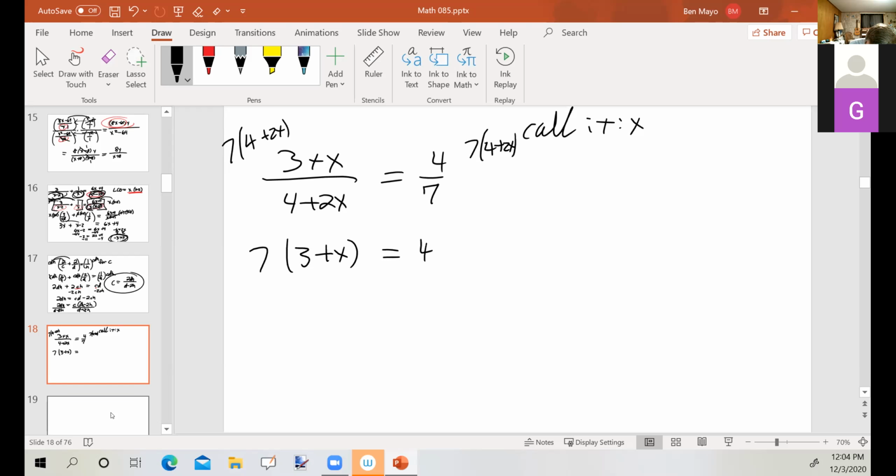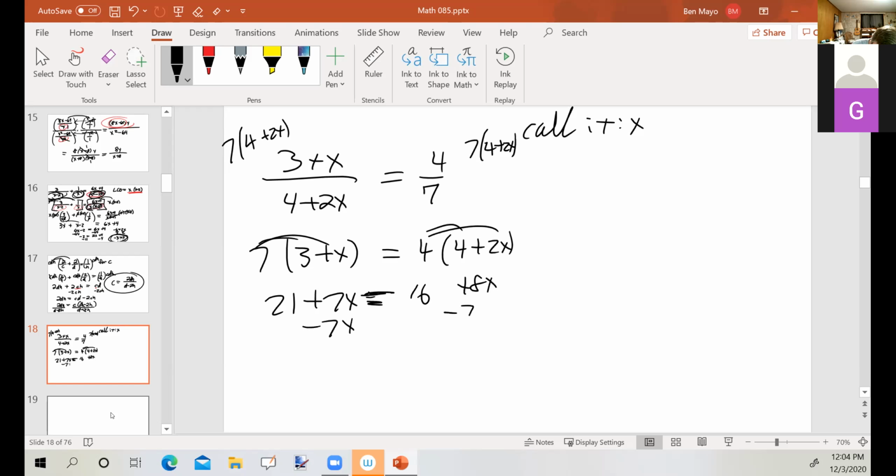On the right side, I get 4 times the quantity 4 plus 2x. Okay. So now I've got 21 plus 7x equals 16. That's supposed to be plus 8x. I'm going to solve for x on the right. 21 equals 16 plus x. Subtract 16, 5 equals x.